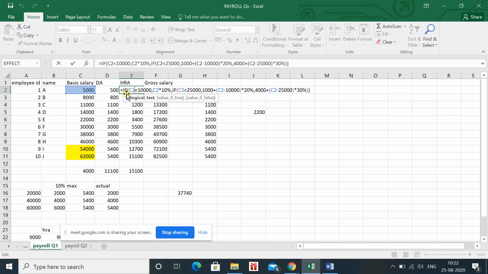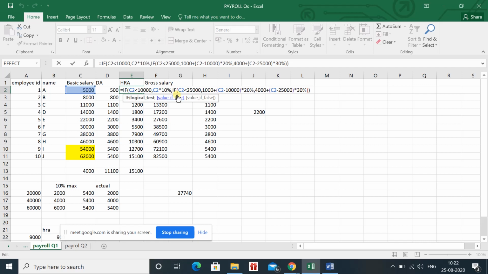I'm saying if basic salary is less than 10,000, then please calculate the 10%. If this condition is not fulfilled, then please apply another formula. For that other formula, I have again applied the if. Why?